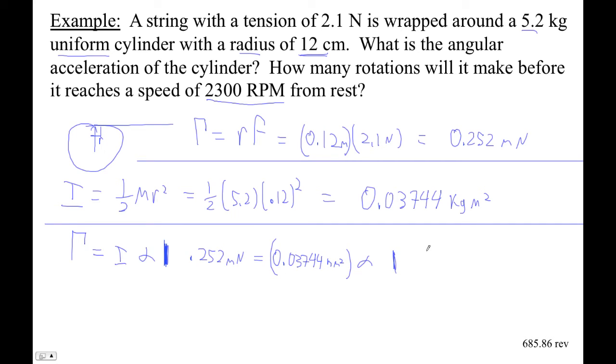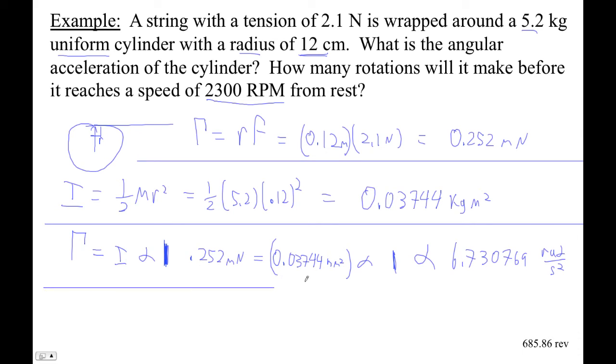So alpha, I just have to divide. So 0.252 divided by 0.03744 is 6.7307, 0769, etc., radians per second squared.